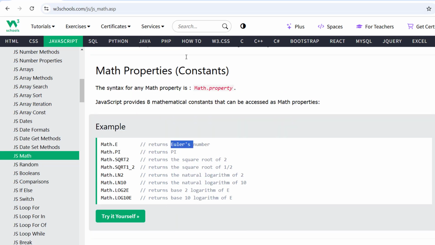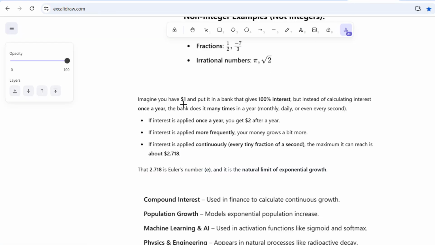This is called Euler's number. Imagine you have $1 in the bank, and it gives you 100% interest. But instead of calculating interest once a year, the bank does it many times a year, monthly, daily, or even every second. If interest is applied once a year, you will get $2.